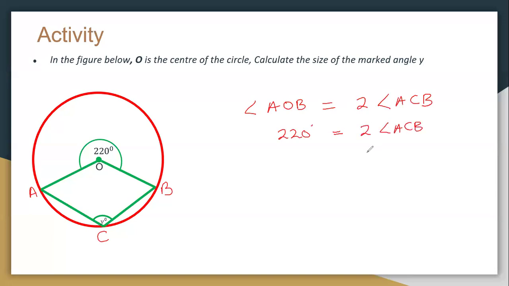We divide both sides by 2. And then we get 110. Okay, thank you, Virginia. Let's hope everyone is getting that. That is correct. If you are getting that, just know you're on track.